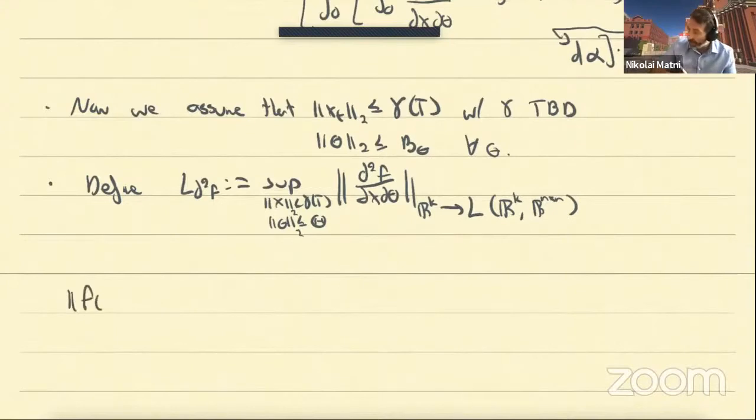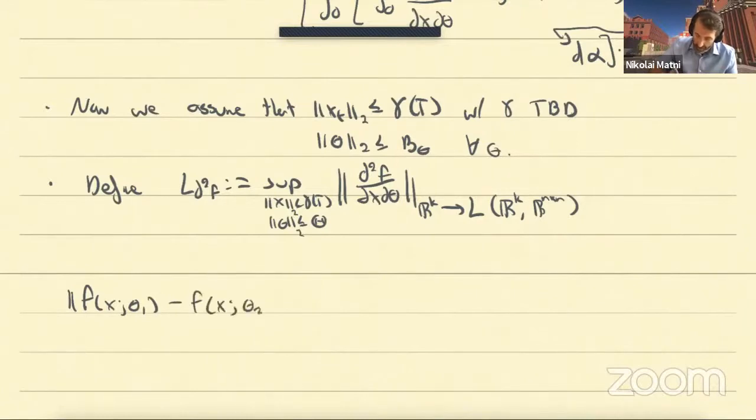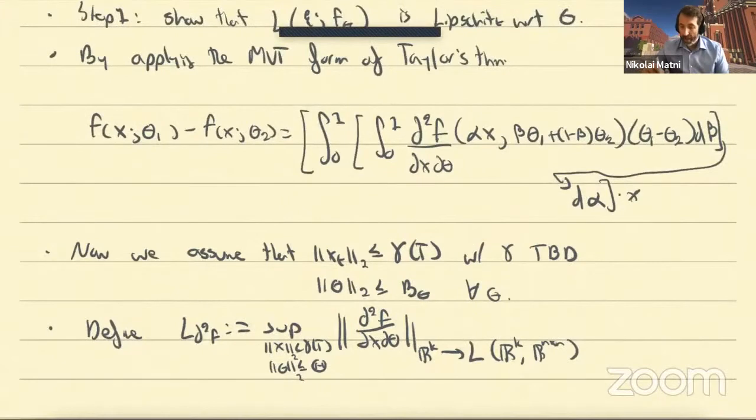What we've shown is that f of x of theta 1 minus f of x theta 2 in 2 norm is less than or equal to this constant times theta 1 minus theta 2 times x. Essentially, what this is saying is we're just upper bounding this by the largest gain that it'll spit out, and then you're just bounding this by the norm of theta 1 minus theta 2 and x.